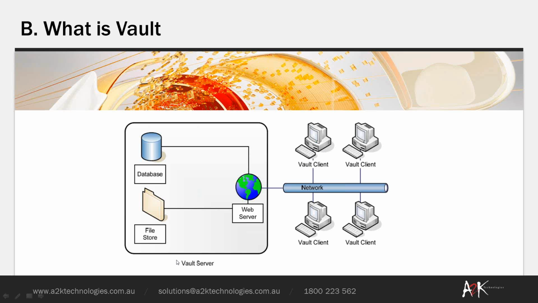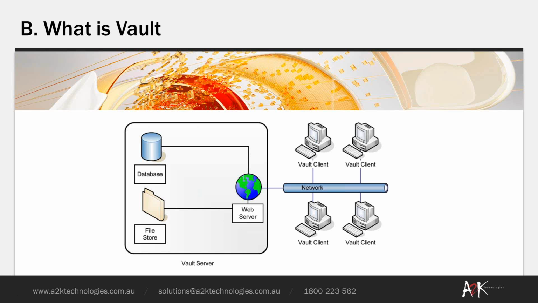When you want to get data and work on it, the client accesses data from the server, gets a copy of it onto the local workspace, and works on it on the local machine. While person A is working on it, persons B, C, D can see that person A is working on a particular set of data. When they're finished working, they check it back in, and it goes back into the server.